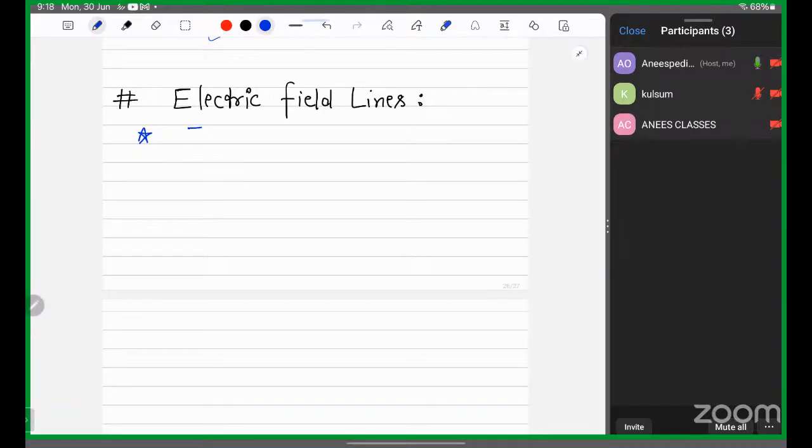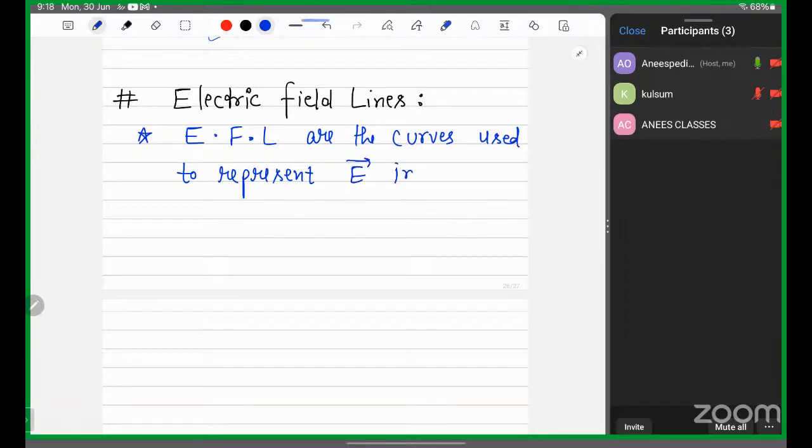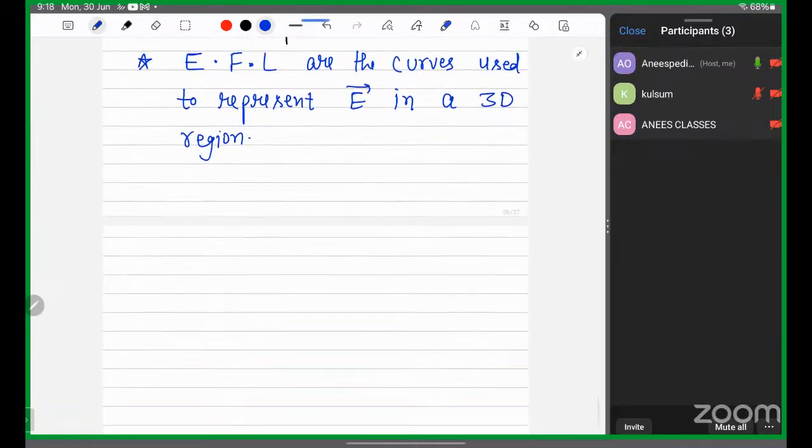So electric field lines, EFL, are the curves used to represent electric field E in a 3D region.